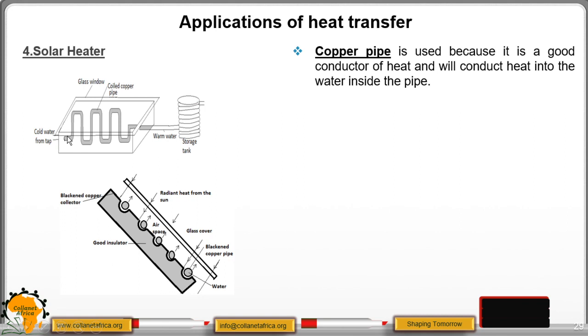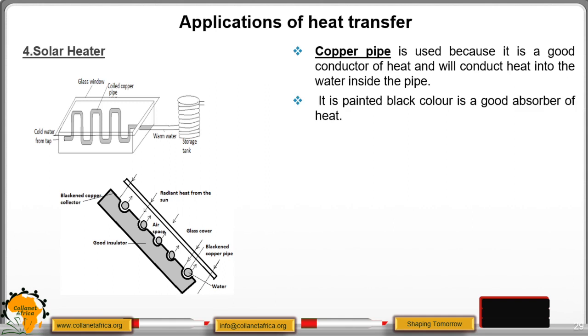So we have the pipe that is coiled where the water is passing, and then we have the storage tank here. So what we have is that the copper pipe is used because it is a good conductor of heat and will conduct heat into the water inside the pipe. So it is getting heat from the sun and then conducting that heat to the water.